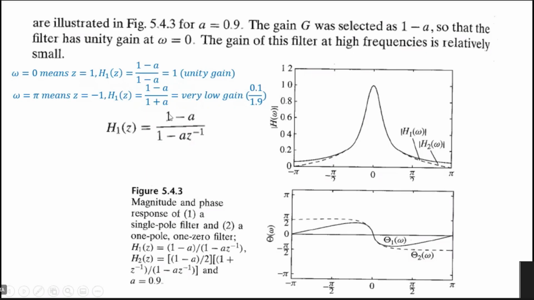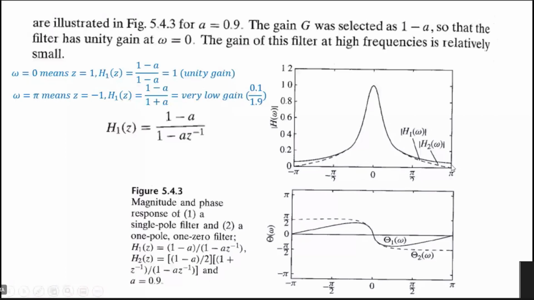The value becomes (1 minus a) divided by (1 plus a). 1 minus a is 0.1, and 1 plus a is 1.9, so it is a very low value. That's why we get some non-zero value of H1 omega. The solid graph has some non-zero value, although very low, at high frequency, that is omega equal to pi.